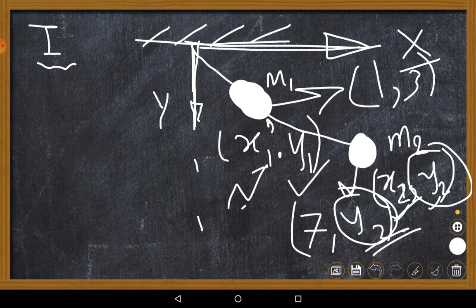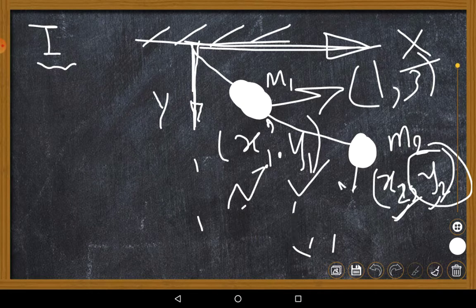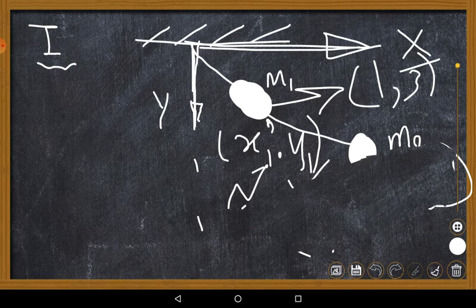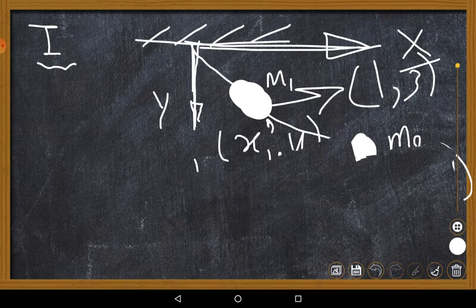Now what do I mean by independent coordinates in this context of double pendulums? Let me draw this properly. In this case of double pendulums, what are our independent coordinates?